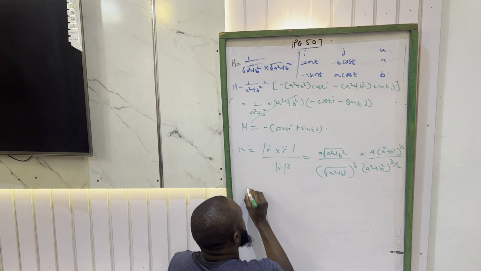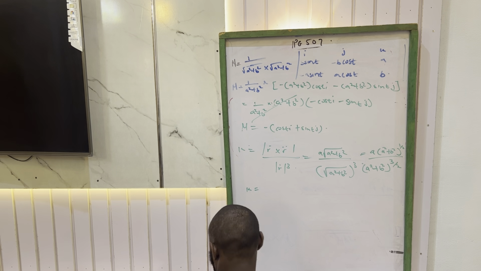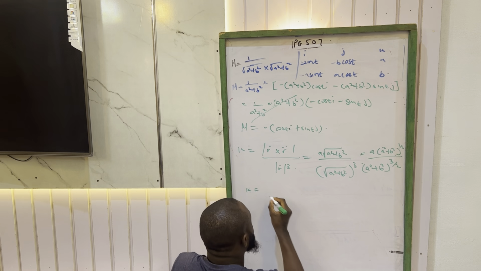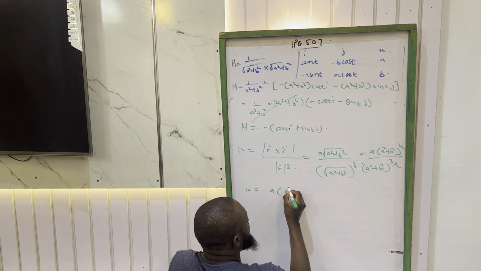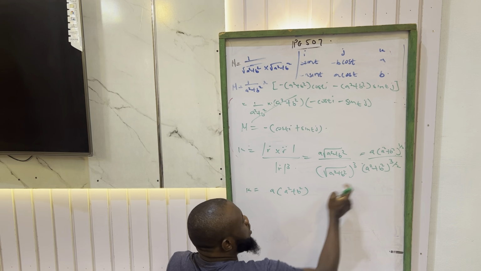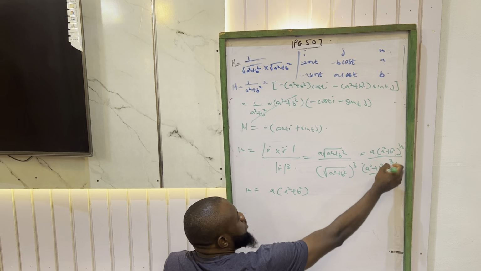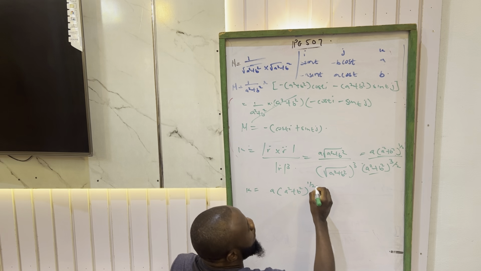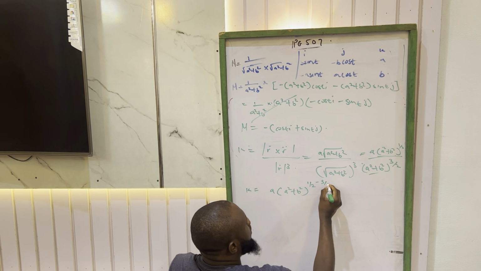So our k, you can have that as a open bracket a squared plus b squared, then they are similar, so this can come up here. So that's 1 over 2 minus 3 over 2.